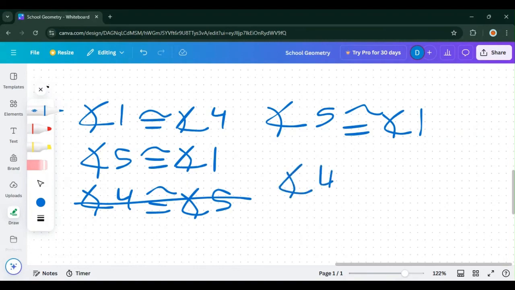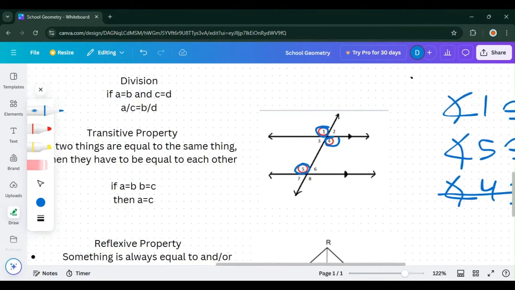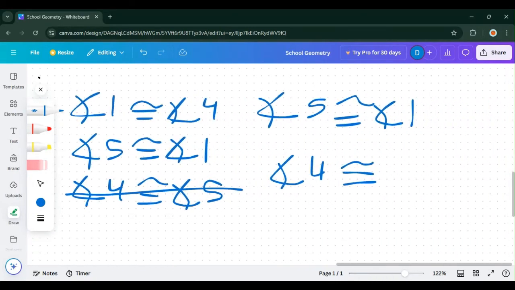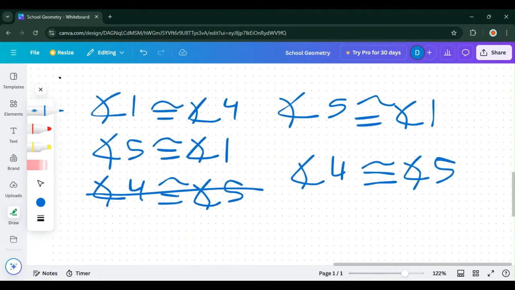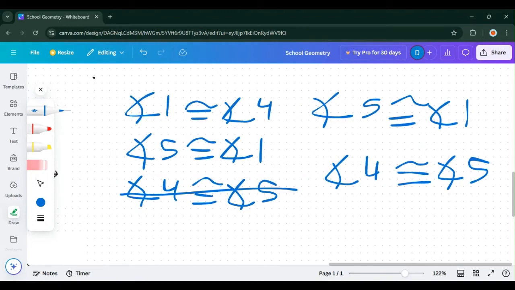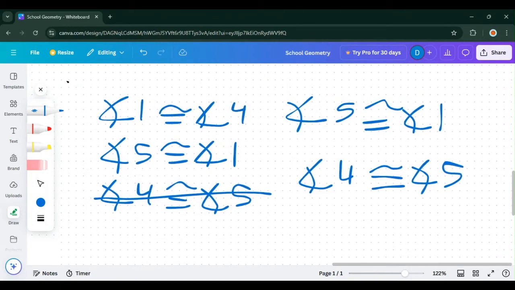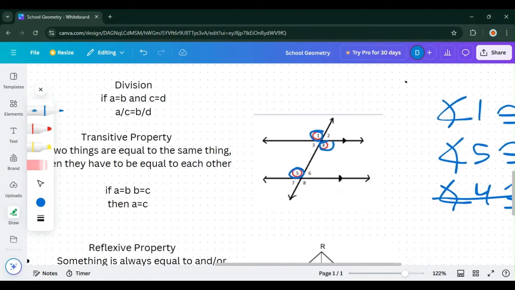And not for alternate interior, but because of the transitive property. Because we see here, angle 1 is congruent to angle 4, angle 1 is also congruent to angle 5, and if angle 5 is congruent to angle 4, then angle 4 is also congruent to angle 5.